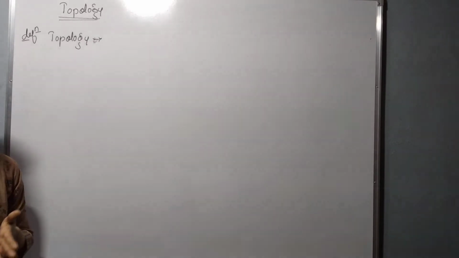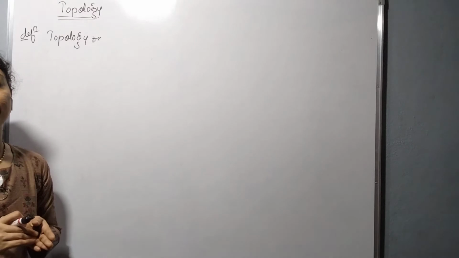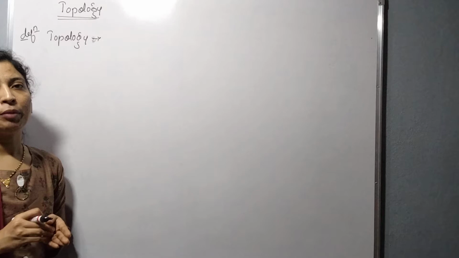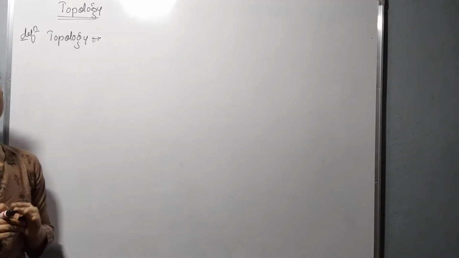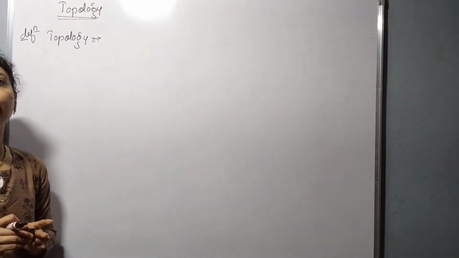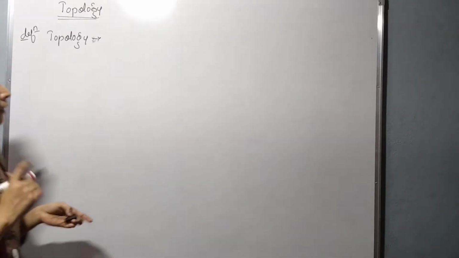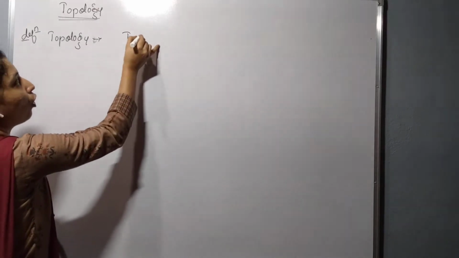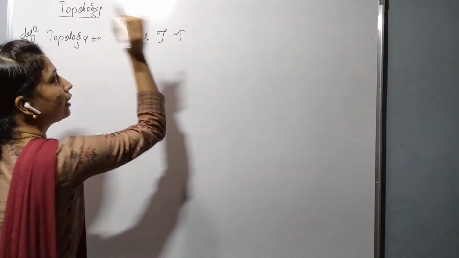One is empty set belongs to tau, and the given set X also belongs to tau, and arbitrary union of two members of tau is again a member of tau, and the fourth condition is finite intersection of two members of tau is again a member of tau. So here that topology can be denoted by capital T or tau, or we may write it as this type, Italian T.